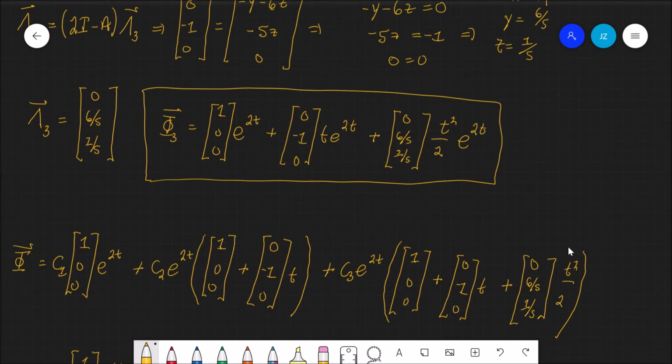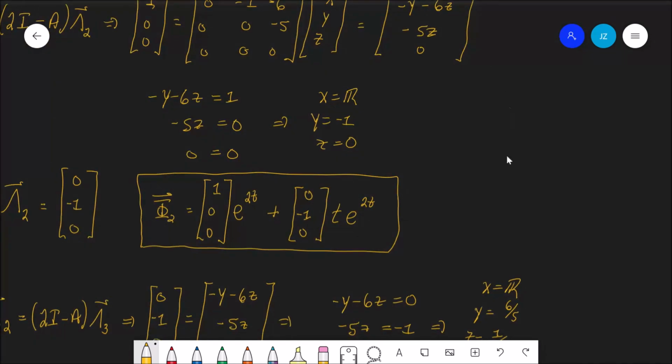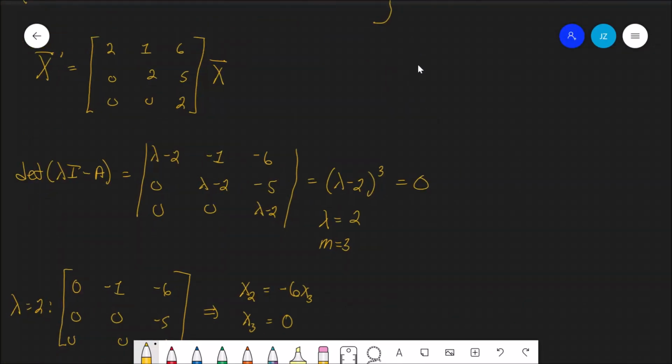The final case we have to consider is if the eigenvalues are complex.